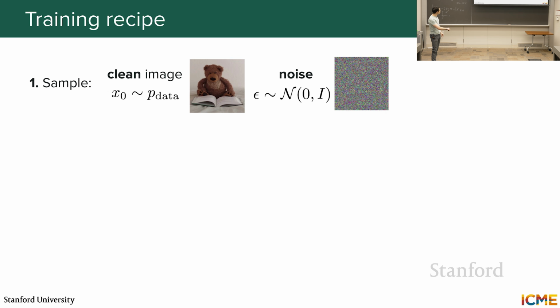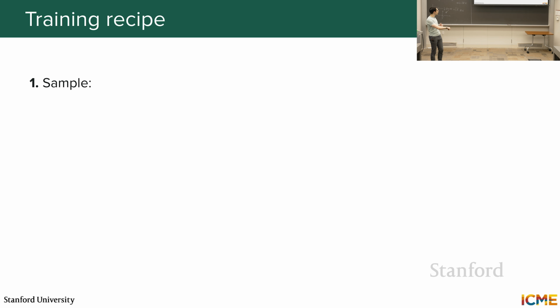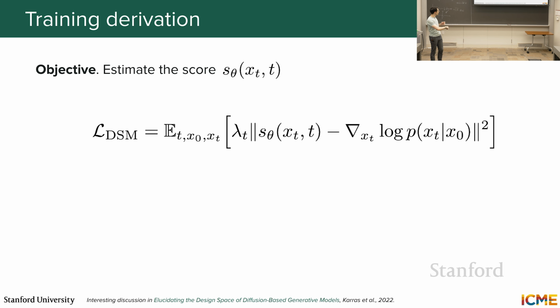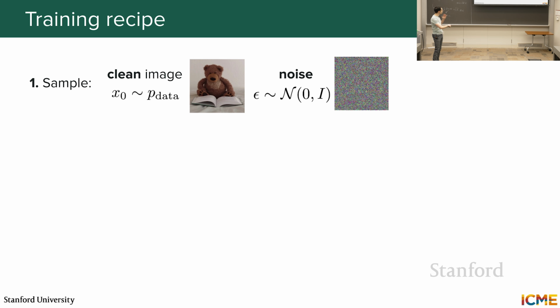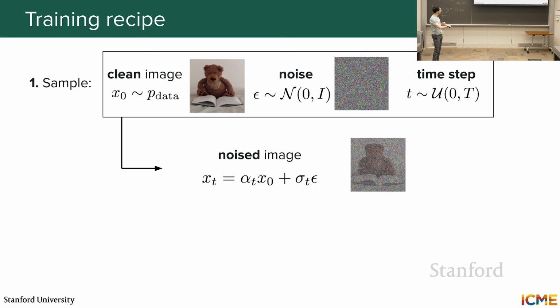And the way you would train such a model is following this loss function, which is an expectation over clean images that you noise. So what you do is you sample a clean image and then some noise and a time step. And then you obtain your noised image.